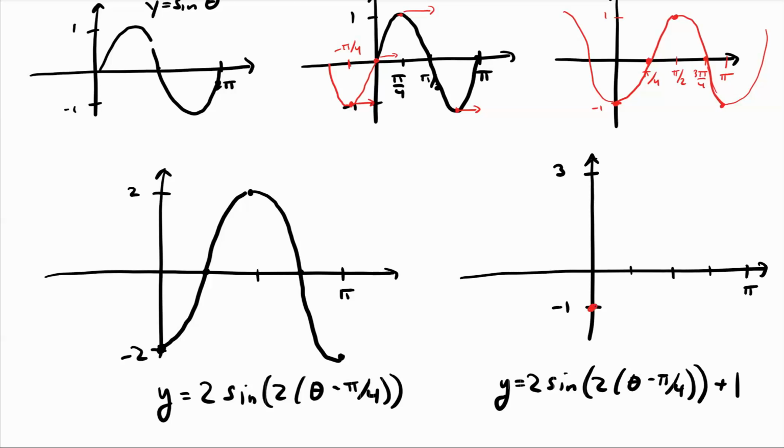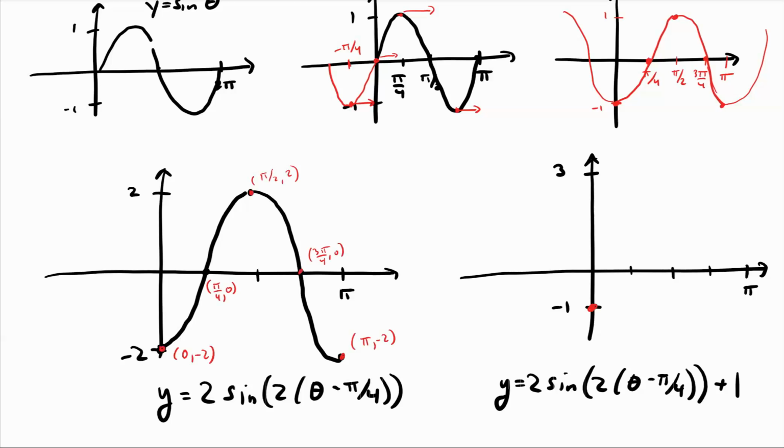And okay, let's be careful here. So this point here is pi over 4, 0. This is pi over 2, 2. This is 3 pi over 4, 0. And this is pi, minus 2. And this is 0, minus 2.